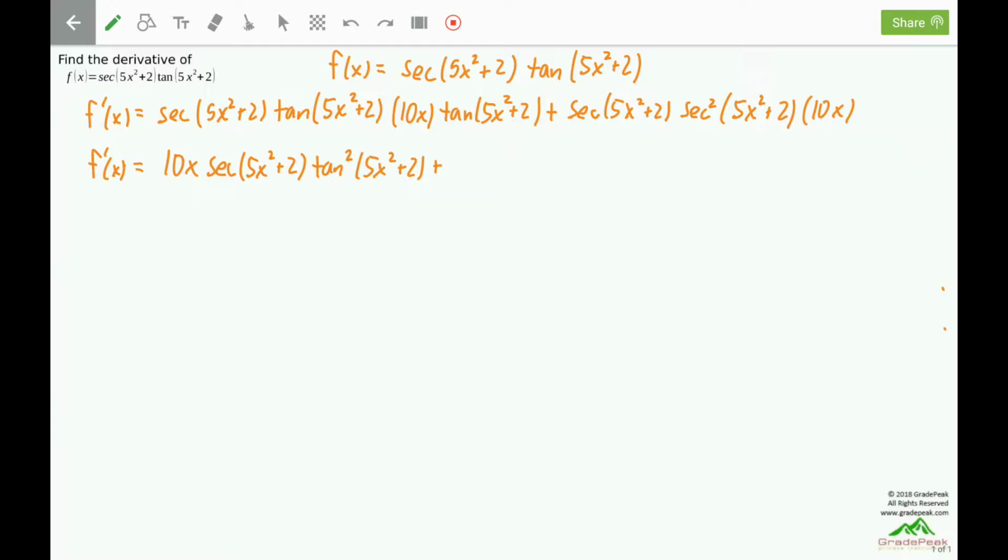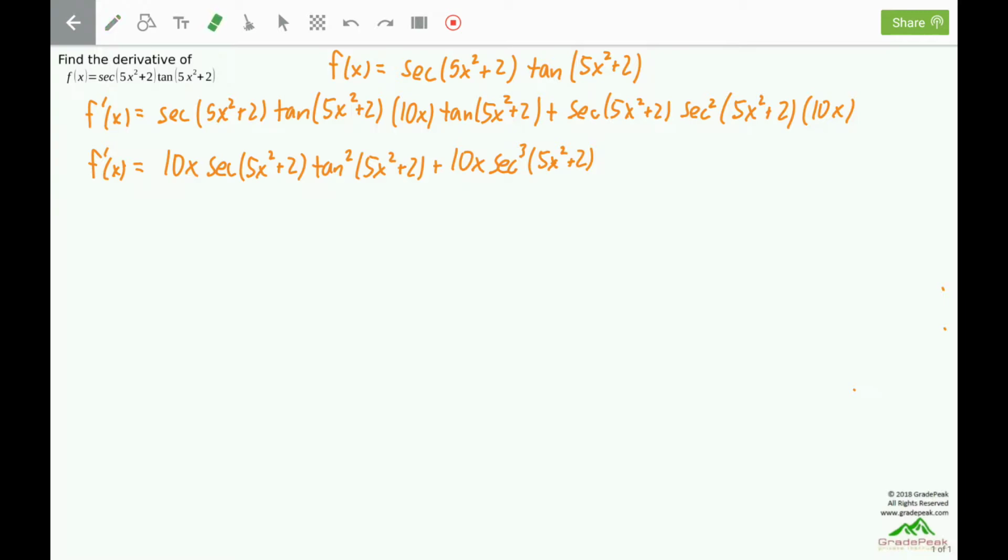Plus, now with the second term, I'm going to again move the 10x to the front of it, meaning we do have a common factor of 10x. And I have a secant to the first power and a secant to the second power. You add the powers. 1 plus 2 is 3. So secant cubed of 5x squared plus 2.